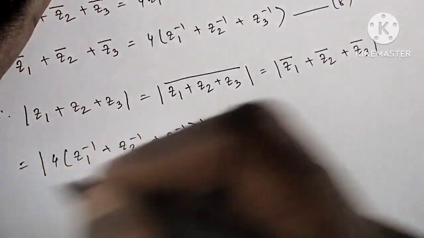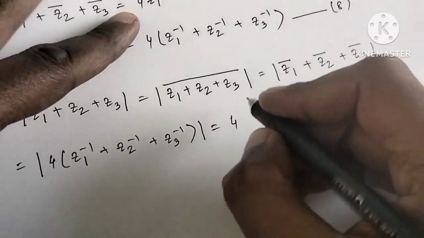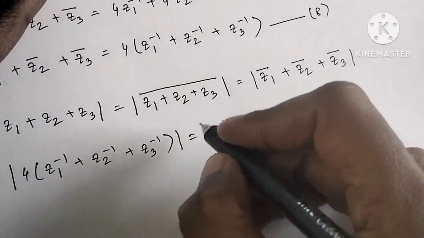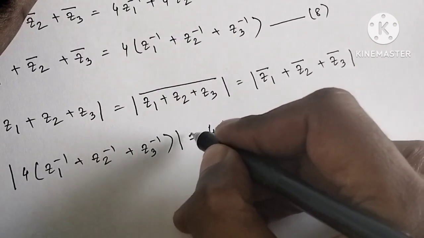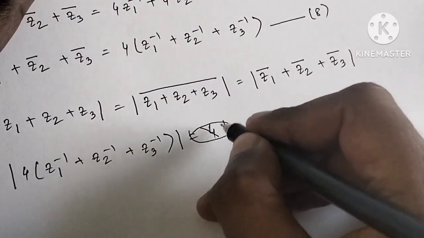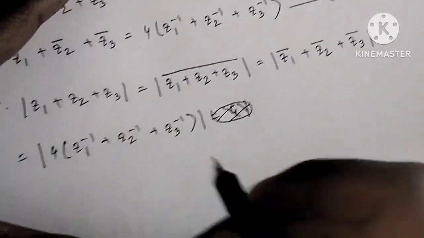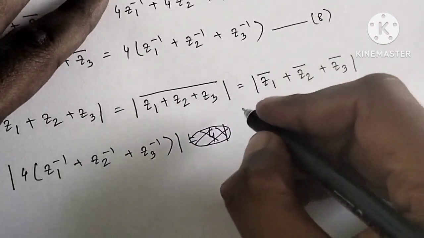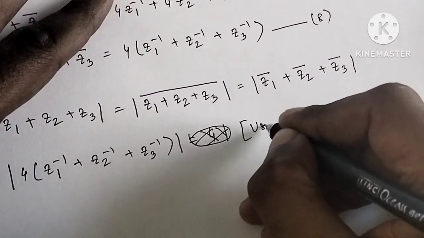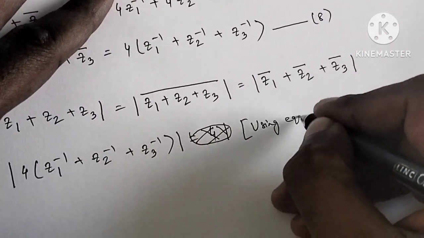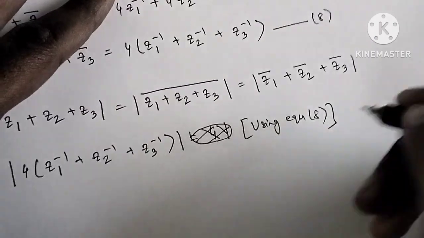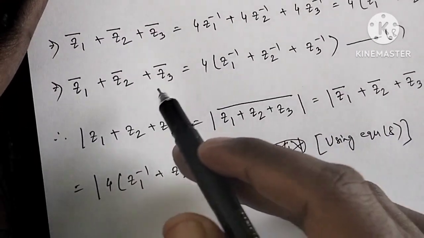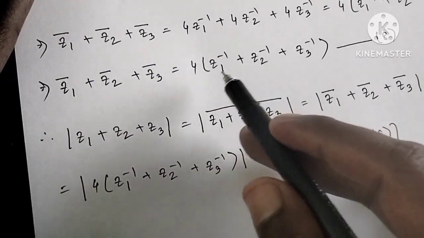So 4 will come outside. We got this using equation 8: z1 conjugate plus z2 conjugate plus z3 conjugate is equal to this.